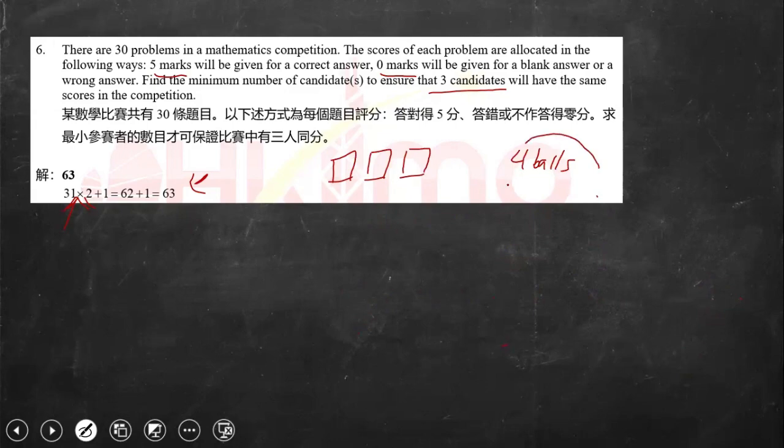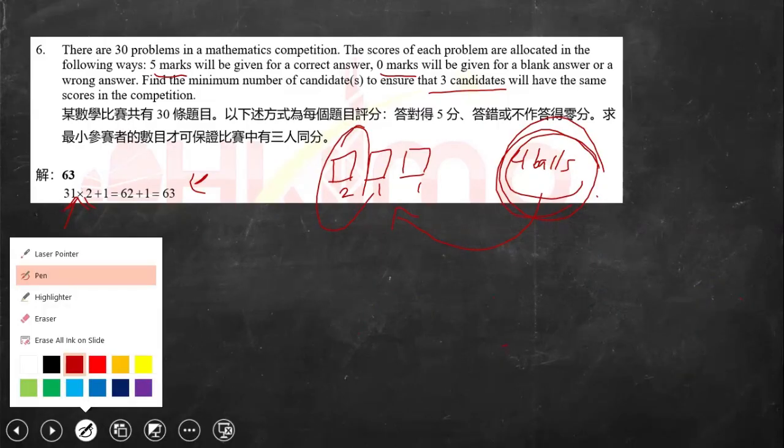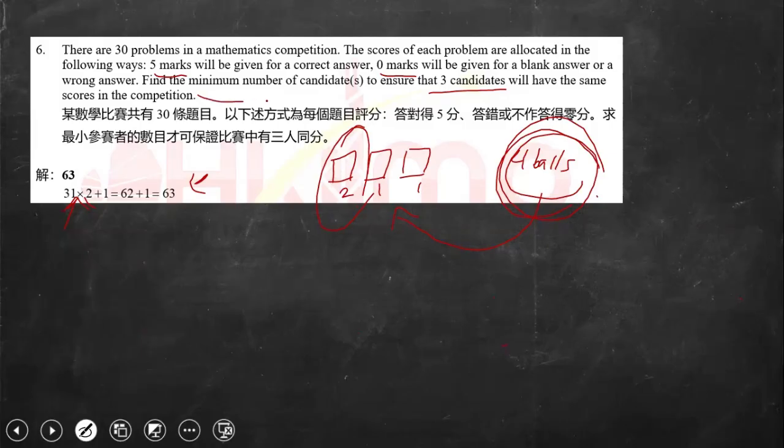If I were to put all these balls in the boxes such that all the boxes are filled, there's going to be 1 box with 2 balls, right? That means we can use this to find the minimum number of candidates.